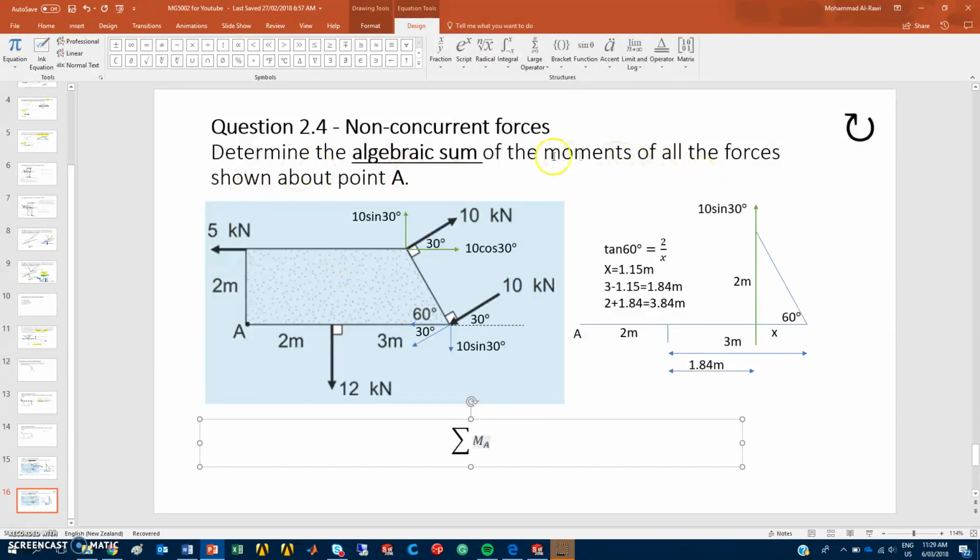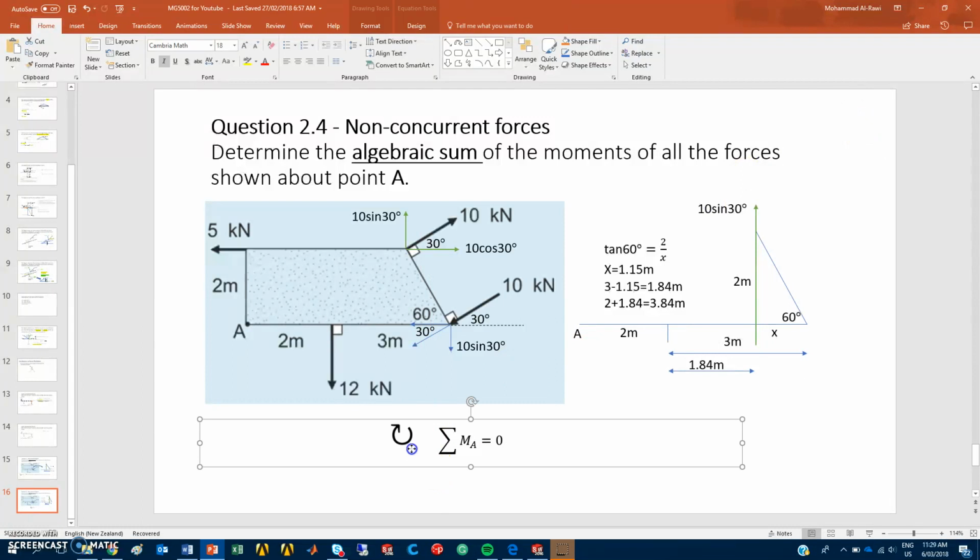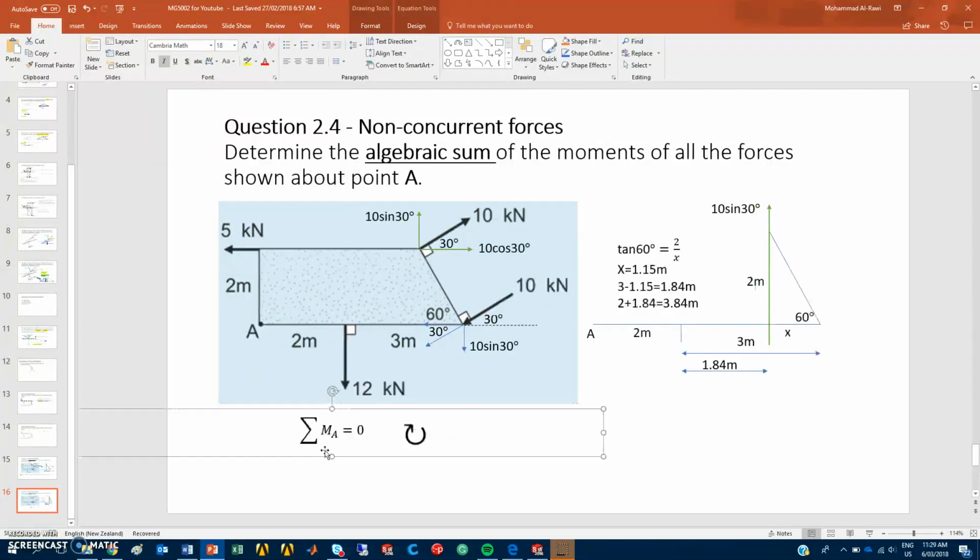Because the question wants us to find the algebraic sum of all the moments of all the forces shown about point A. This will be equal to 0. Now, because I want to solve it using this method, it's counterclockwise.